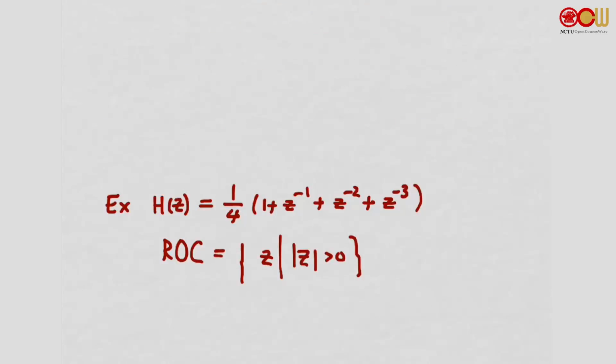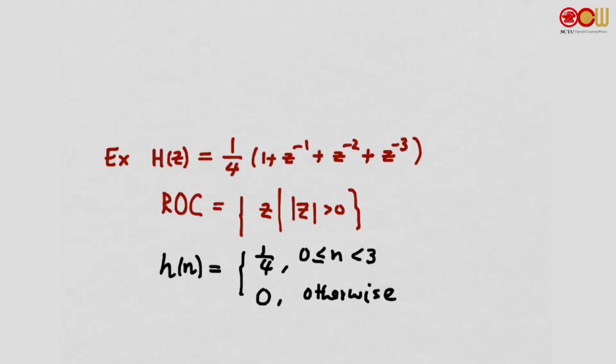For example, this is our H(z), which has ROC that is the whole Z-plane except for the origin. Then we can see that this is one of the examples that we have worked with before. h[n] is equal to a quarter for n between 0 and 3, and it's 0 otherwise.